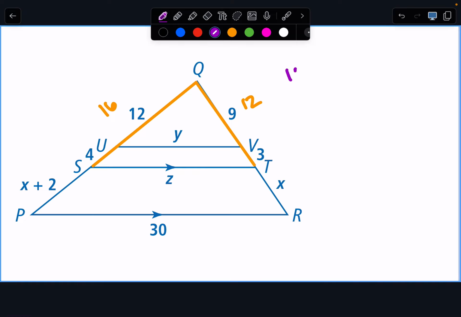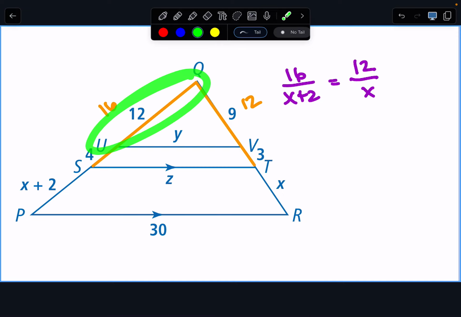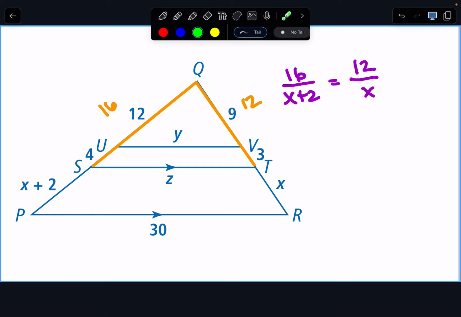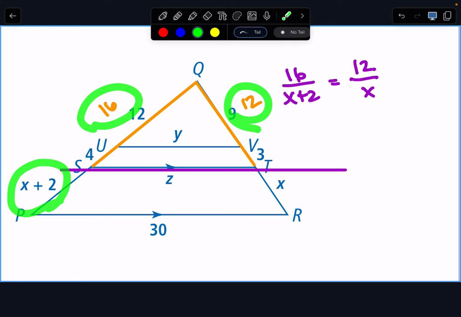We can write 16 over x plus 2 equals 12 over x. Basically, this is our fraction bar.